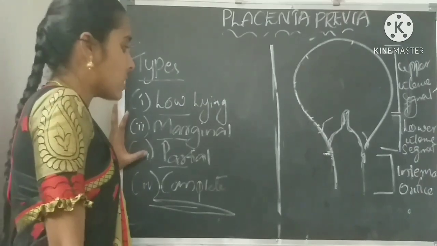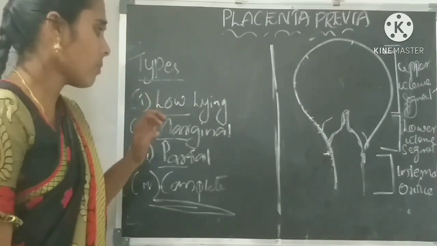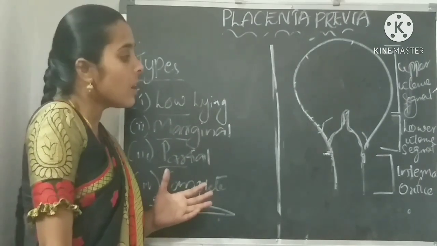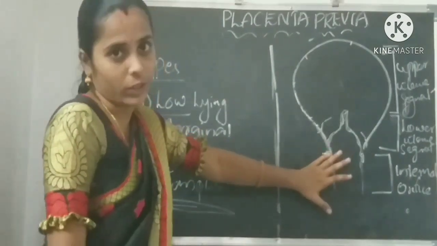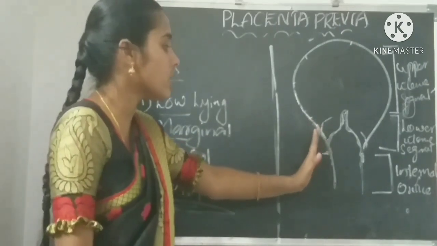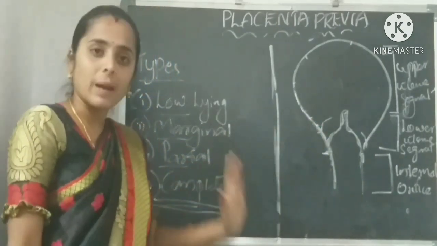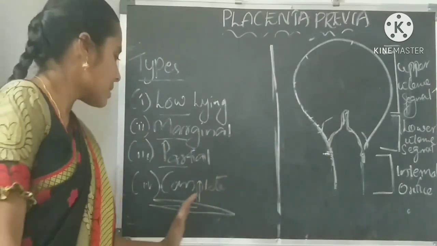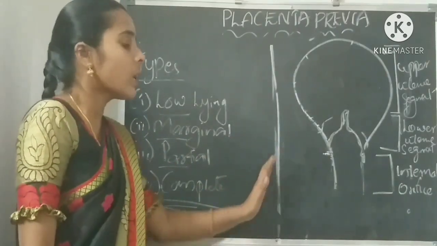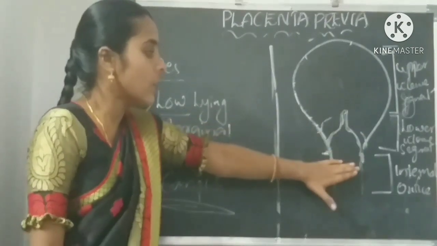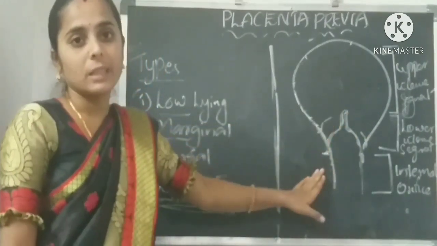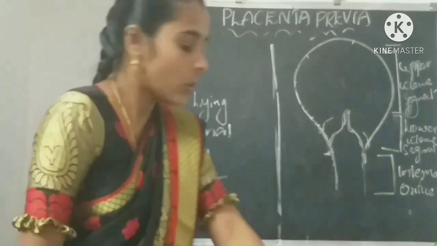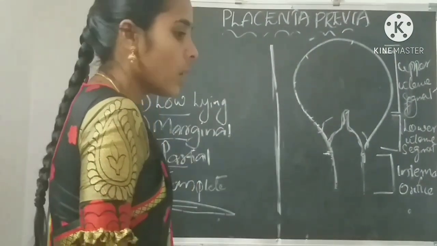In partial placenta previa, the placenta covers half of the internal OS. That is called partial placenta previa. Next, complete placenta previa. If the internal orifice is fully covered by the placenta, that is called complete placenta previa.